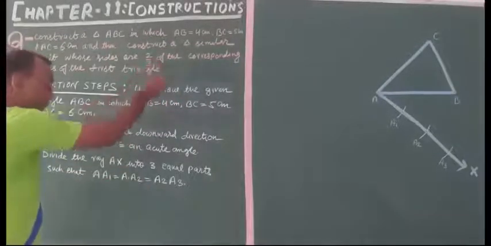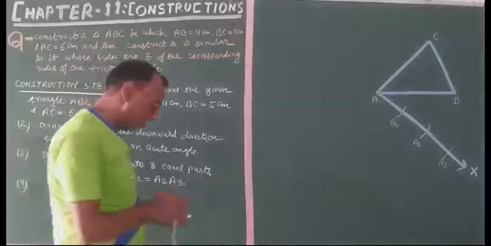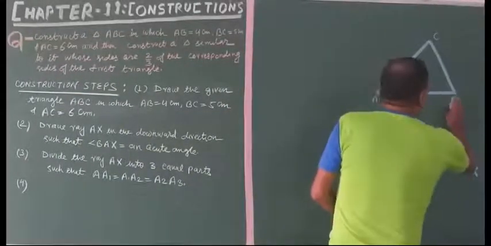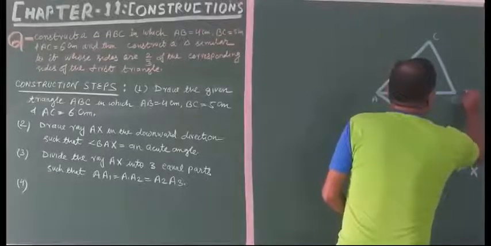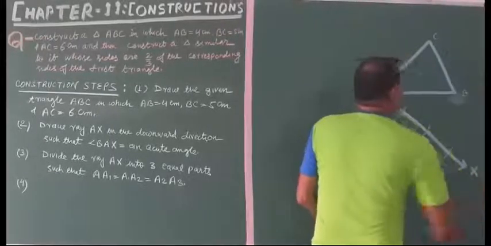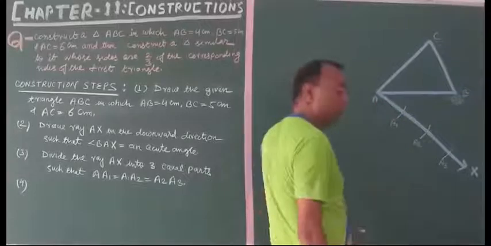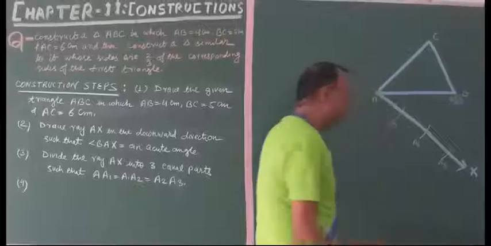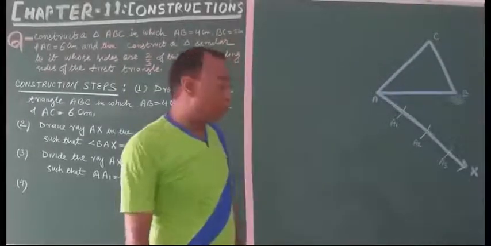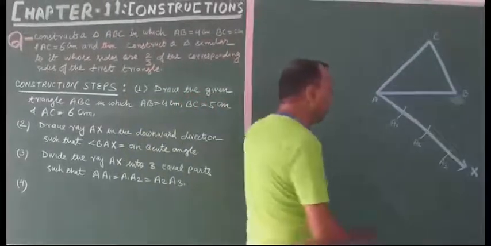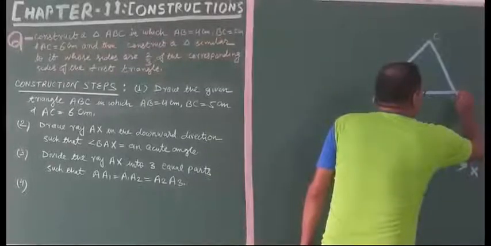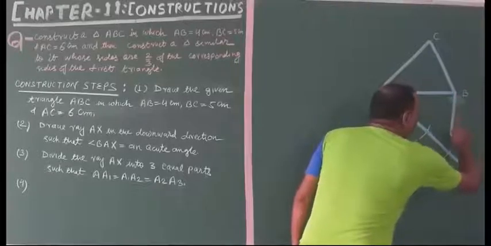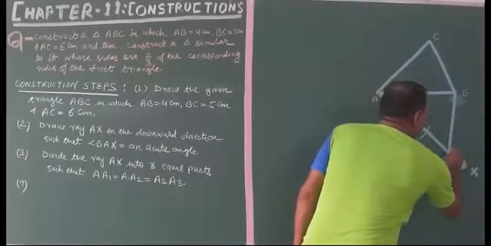Greater part 3 means A3 to where? This. The second end of the line segment AB, because at the end A we have constructed that ray AX, so we will join this A3 to the another end point of this line segment AB. Is it there?